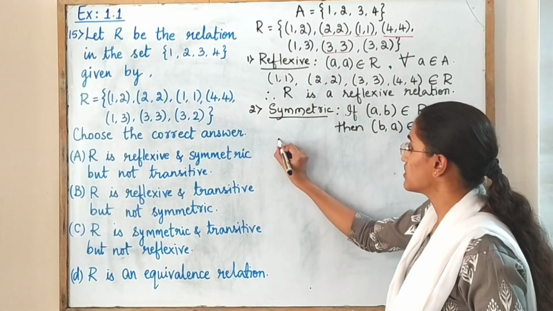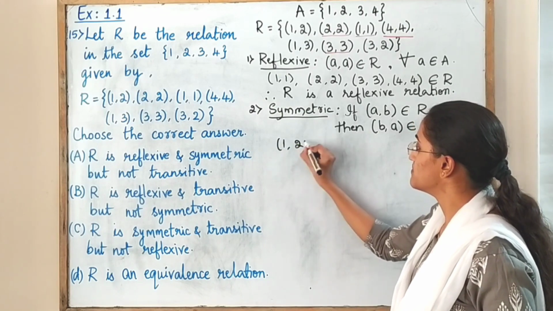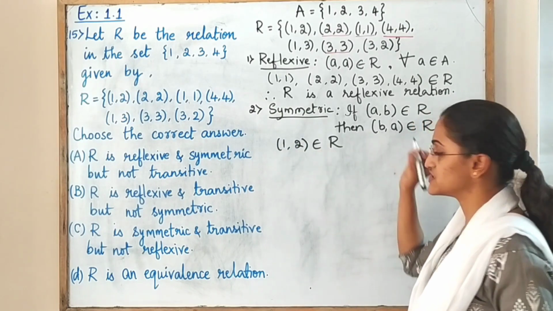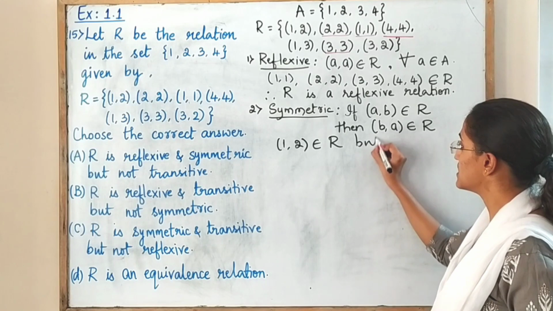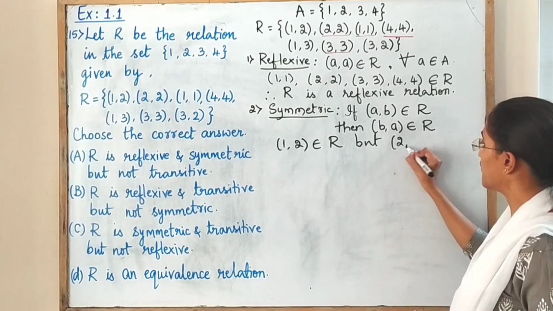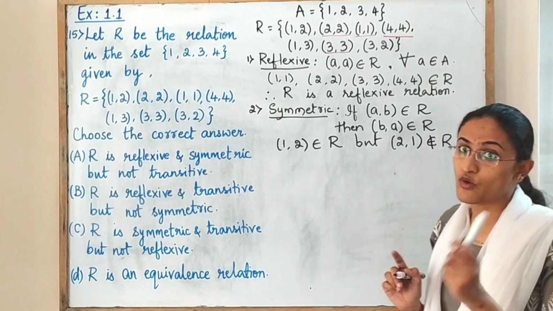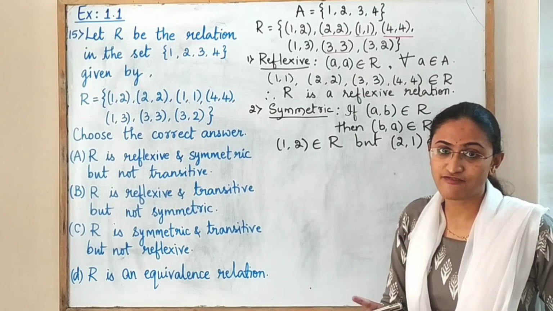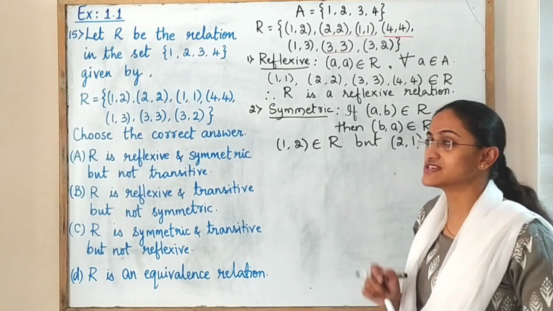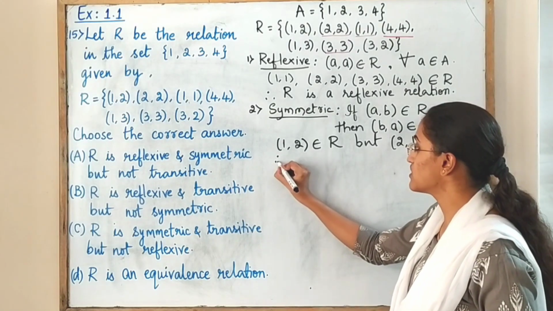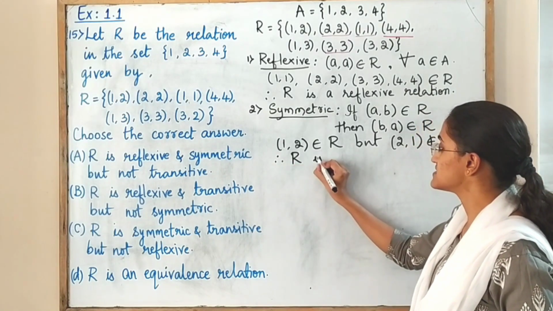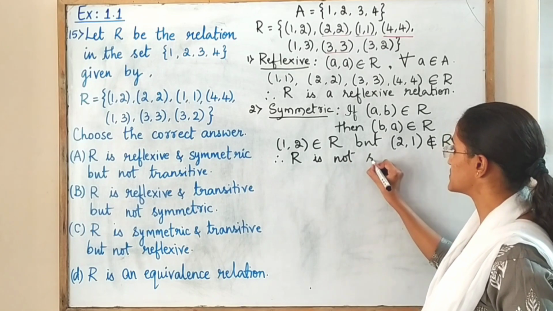No. Therefore (1, 2) belongs to R, but (2, 1) does not belong to R. One counterexample is enough to disprove that the relation is symmetric, and hence you can conclude that R is not a symmetric relation.